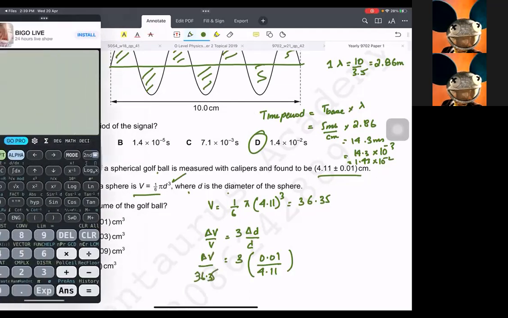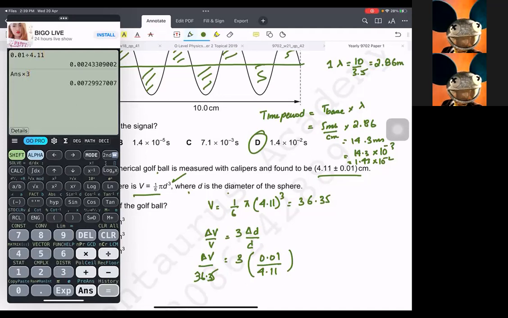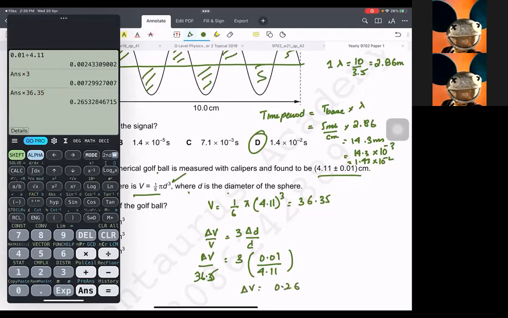Okay, let's do it. Multiply by 3, multiply by 36.35. So change in volume is 0.26.